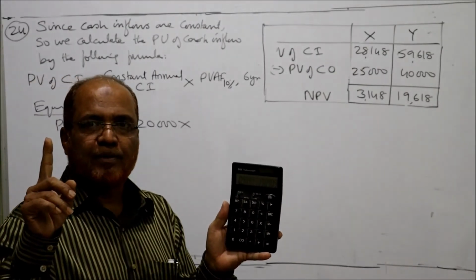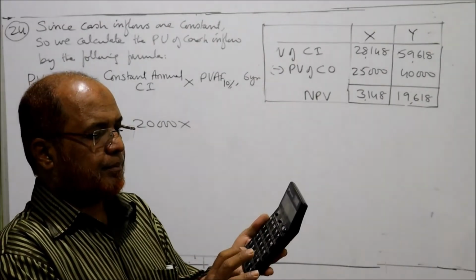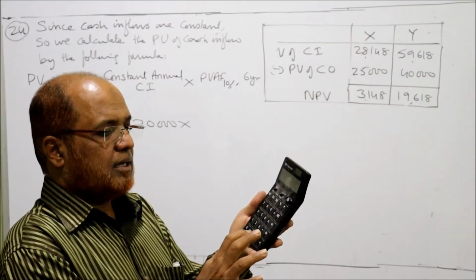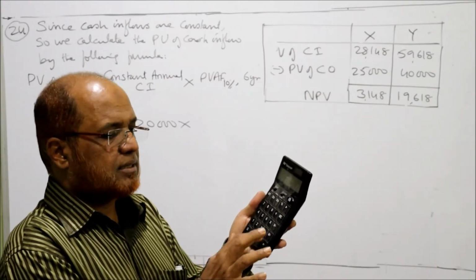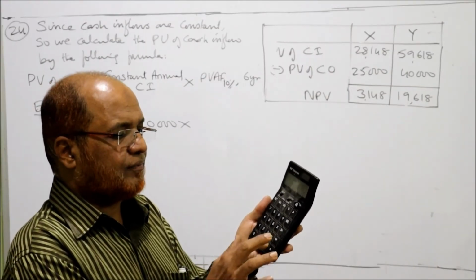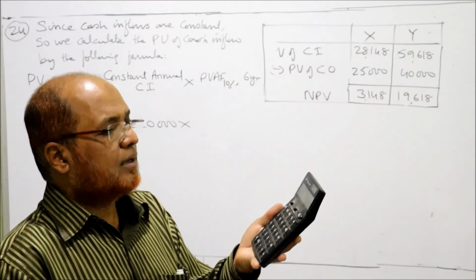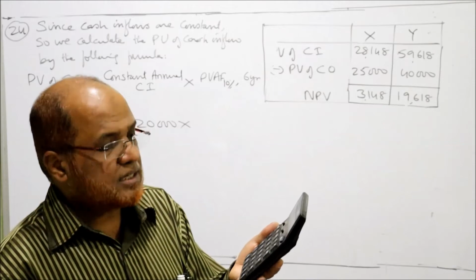ये first year. We put this value in the memory. First year हो गया. So totally 6 years is equal to M. 2 years, 3, 4, 5, 6. 6 years I have put it in the memory. Now recall the memory.